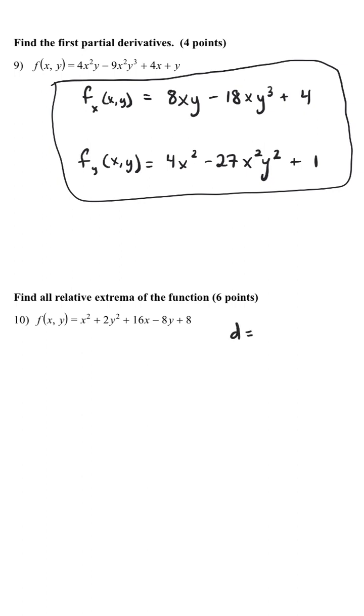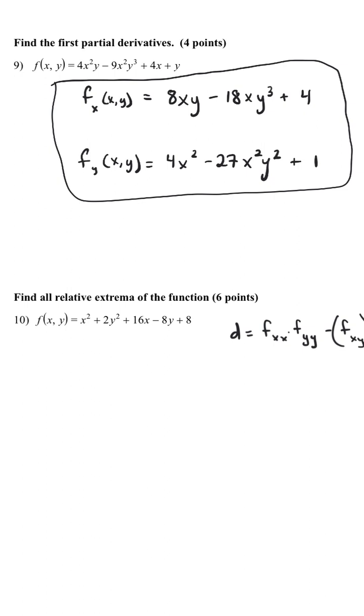So d was equal to the product of the two second partial derivatives minus the mixed partial derivative squared. That's one thing to remember.